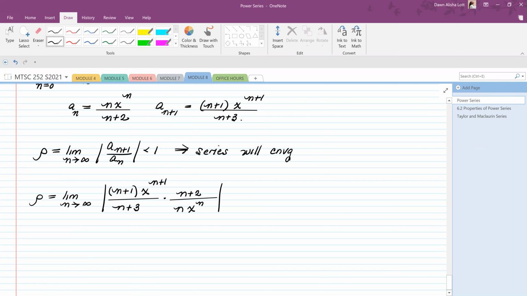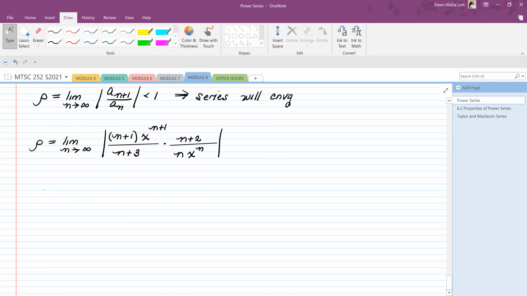Now I want to simplify this. The n plus 1 over the n plus 3 and the n plus 2 and the n, I can put them together: n plus 1 times n plus 2, divided by n plus 3 times n, and all of those are positive.